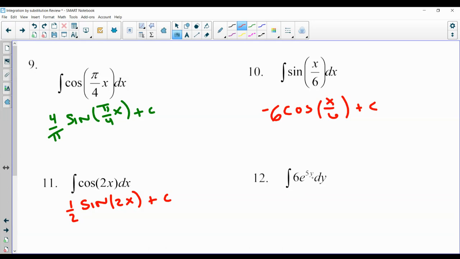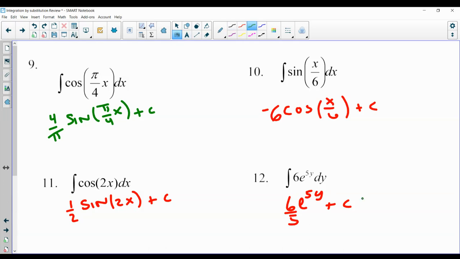Okay, and maybe they're not going to be x's, maybe they're going to be y's. So 6 is a constant multiplier, it comes down. I'm off by how much? I'm off by a 1/5. I'll put that right there. But like I said, you can do this going backwards. Maybe I'll do that in a different color.